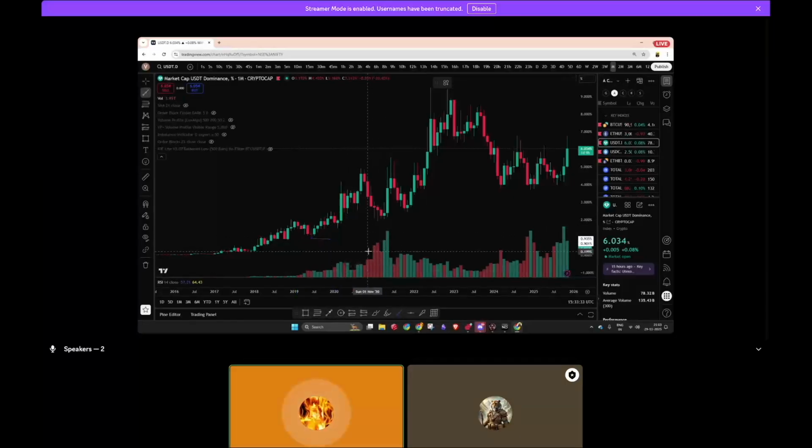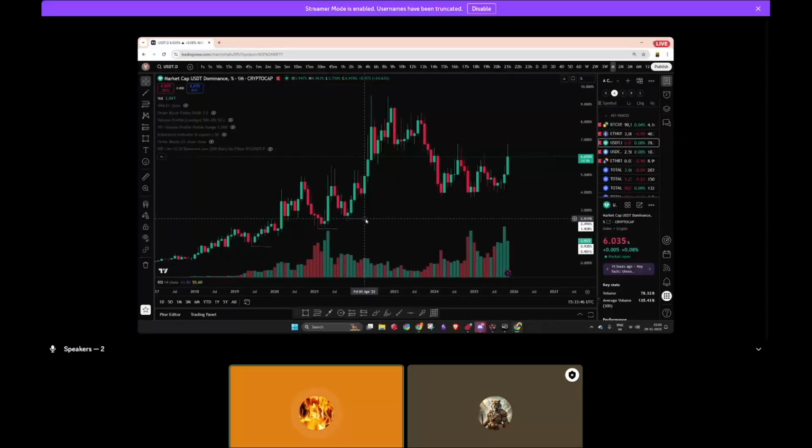I'm just going to skip some of these levels and go to maybe the 3% ones, just marking some of the key swing lows, and I'll come a little closer to the time frame where we are right now.